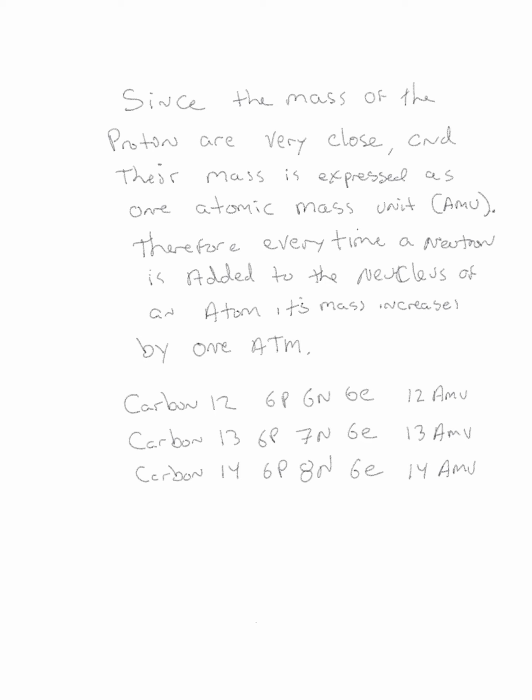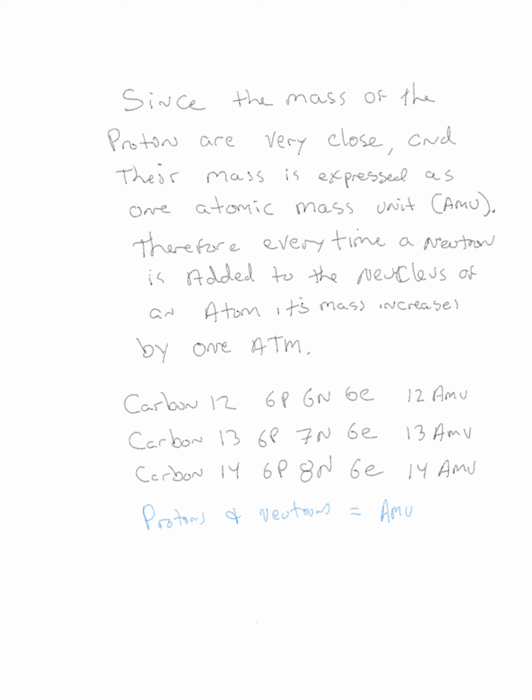And since the mass of a proton is very close, their mass is expressed as atomic mass units. So if you look at protons and neutrons, their mass can be expressed as atomic mass units, which abbreviation is AMU.